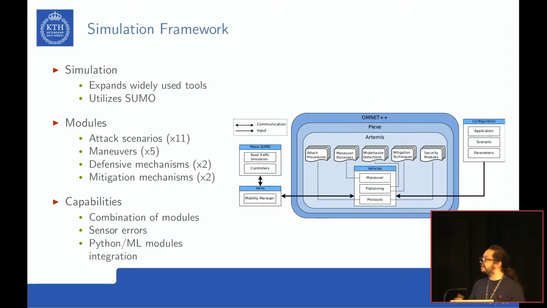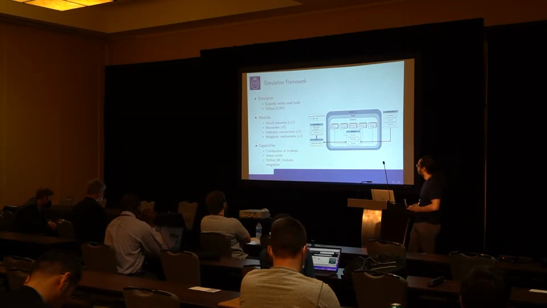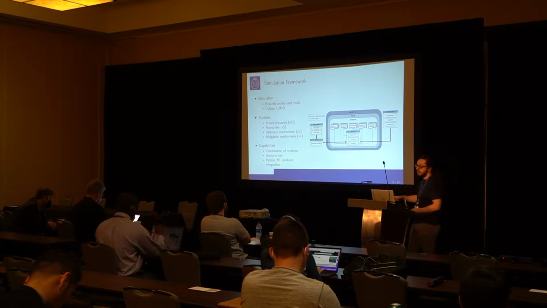In order to accomplish all of this and perform all our scenarios, we implemented a simulation framework. We call it Artemis, which builds on top of previous frameworks in the literature, for example, the SUMO mobility simulator. Our framework includes several modules like attack scenarios, maneuvers, defensive mechanisms, and of course, mitigation capabilities.